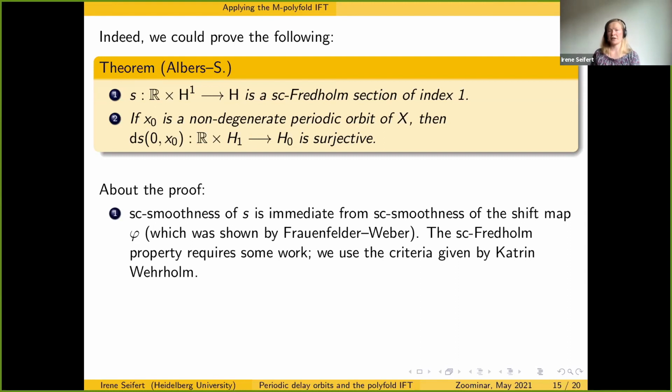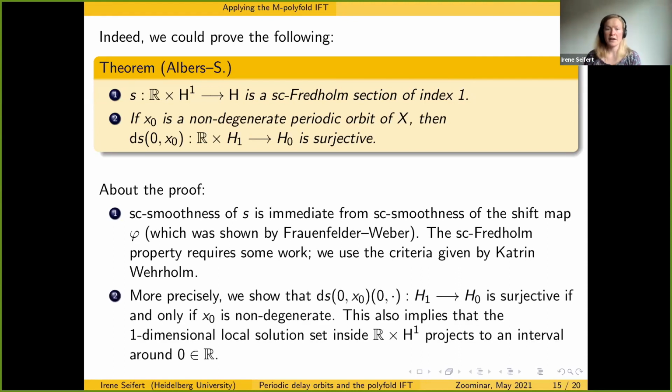And for this, we used the criteria given by Kathleen Verholm. And for the second one, more precisely, we showed an if and only if statement, namely that this restricted differential only going from H1 to H0 is surjective if and only if the orbit is non-degenerate.